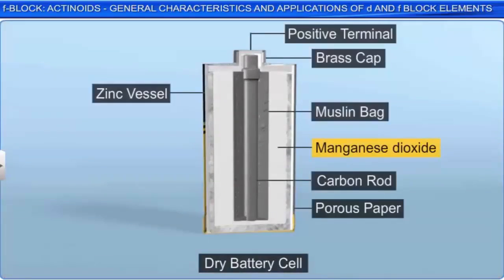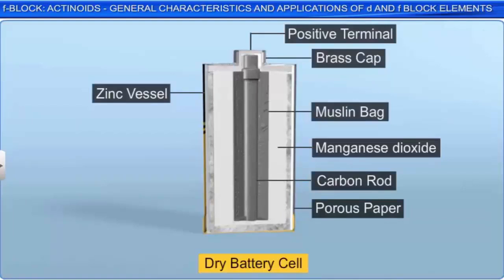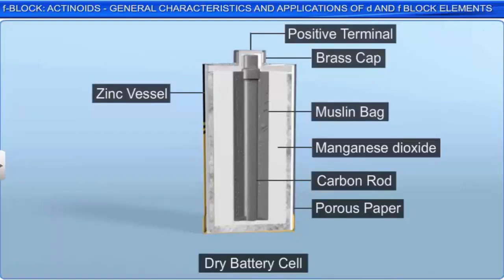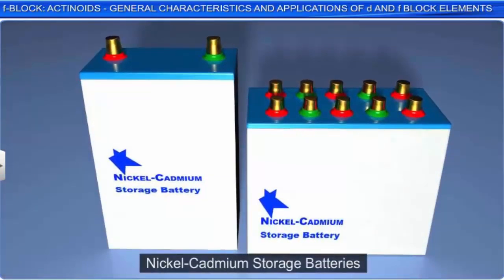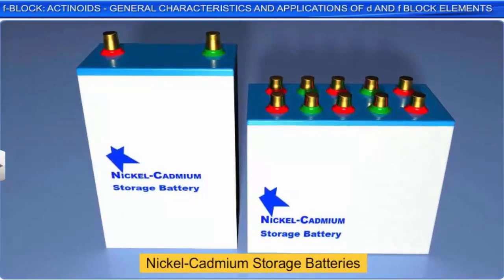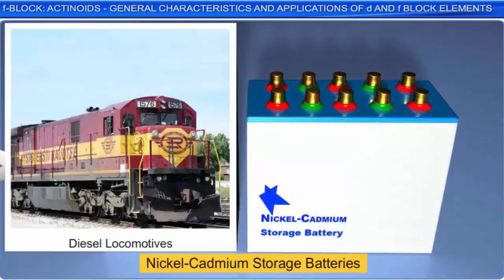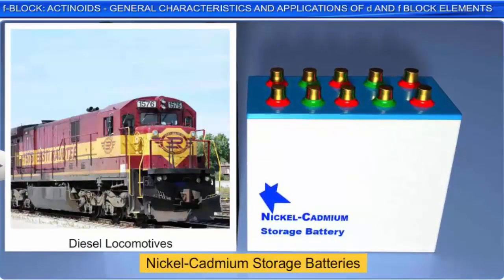Cadmium is used for alkaline nickel-cadmium storage batteries used in diesel locomotives, and also as the nickel rechargeable dry batteries used in radios and electronic appliances. Niobium alloys are used in jet engines.